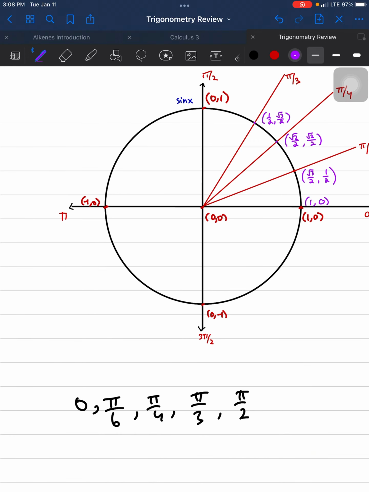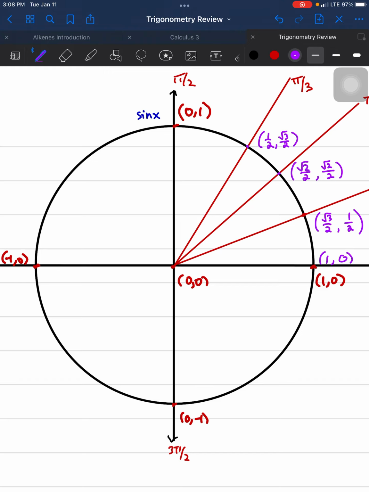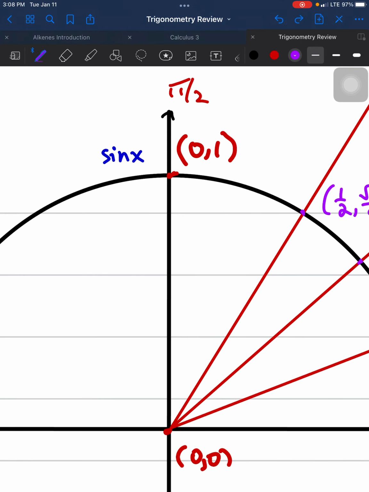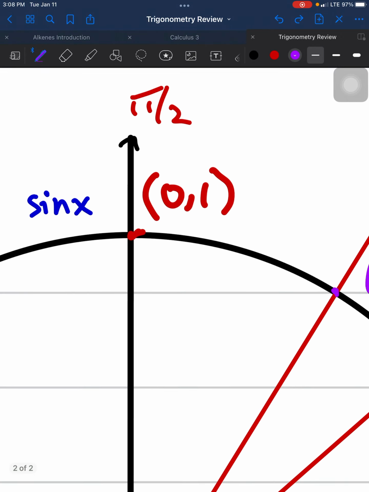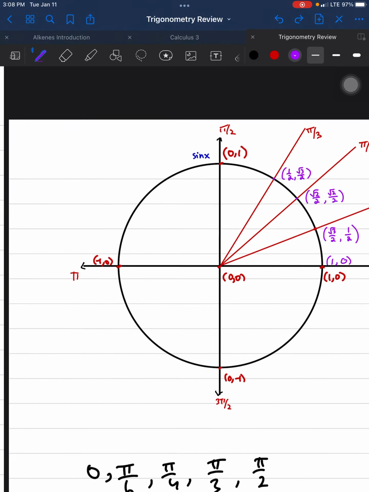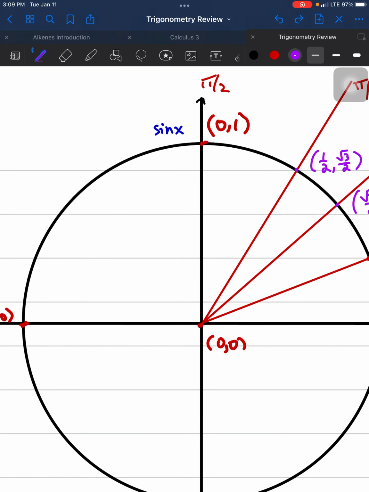Now, same thing over here. Cosine of pi over 2: this y-axis right here is pi over 2. So cosine of pi over 2 is simply 0, since this is going to be on the y-axis. There's an intercept here where x is equal to 0, and we already know that x is cosine, so cosine is equal to 0.